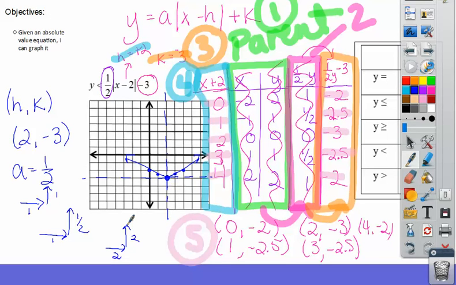You can graph these absolute value equations any way you want to. I'm not done, by the way. Why am I not done? What did I not take care of? What is this sign right here? So there is no equal sign. Do you guys understand that?